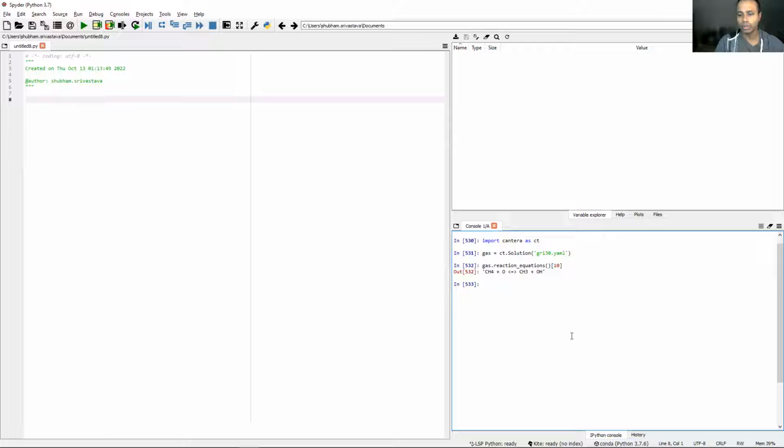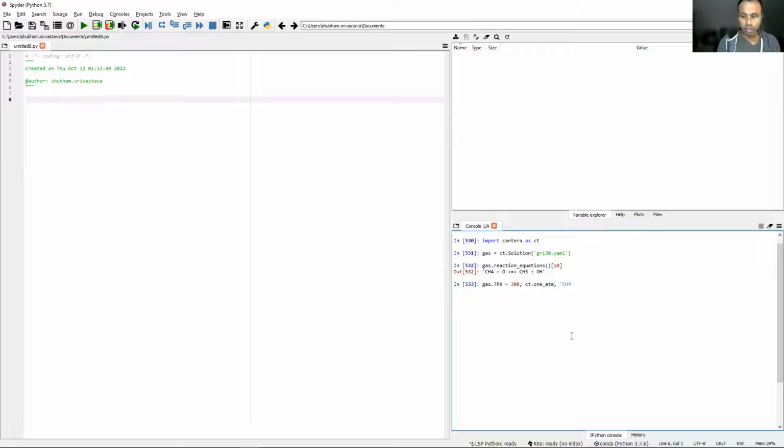So what we will do is we will first set up some composition for each of these species so that there is some reaction that can start. So let's say gas.TPX equals, let's say 300 to start with, ct.one_atm.